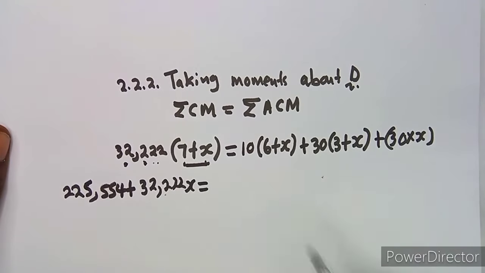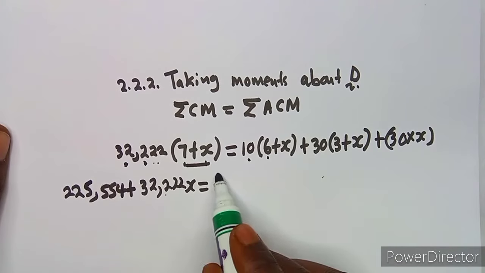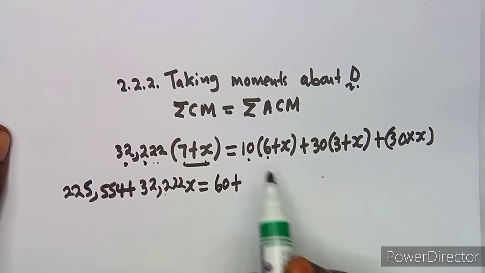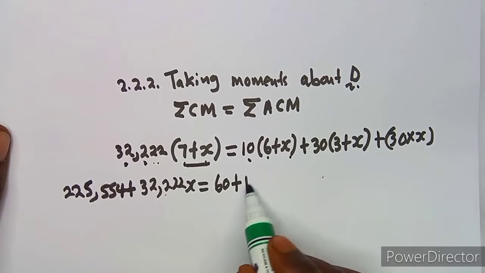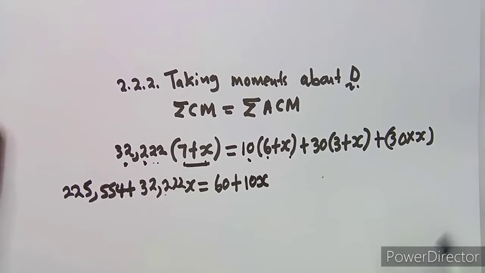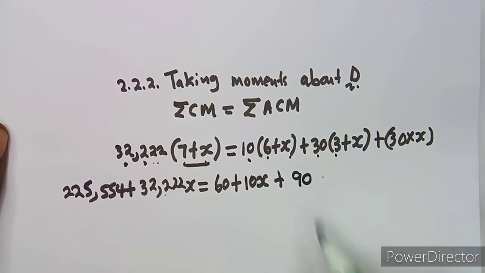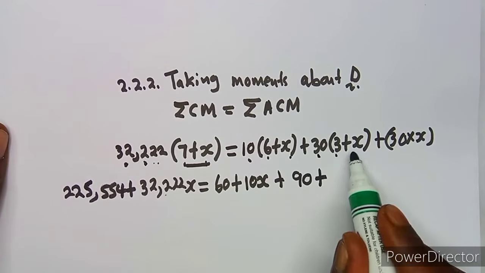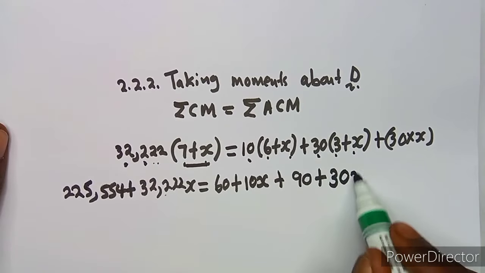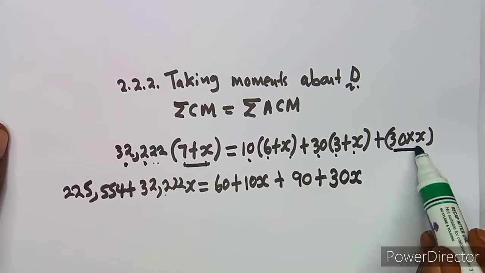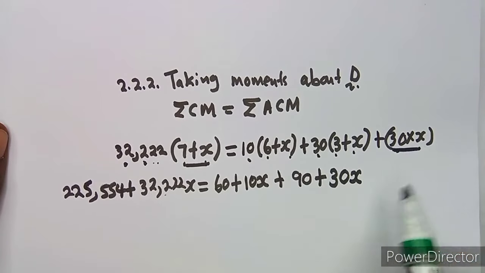All right, which is equal to 10 times 6, which is 60, plus 10 times X, that's 10X. All right, plus we move on, 30 and 3 is going to give you 90, plus 30 and X, which is going to give you 30X. Okay, and this one you just multiply 30 and X, which is 30X.